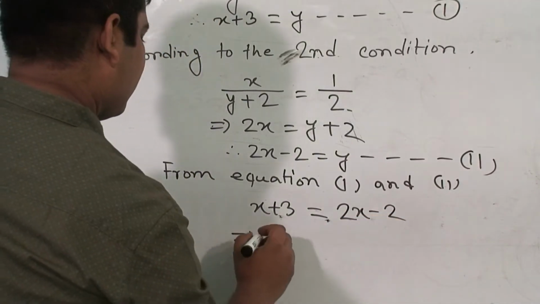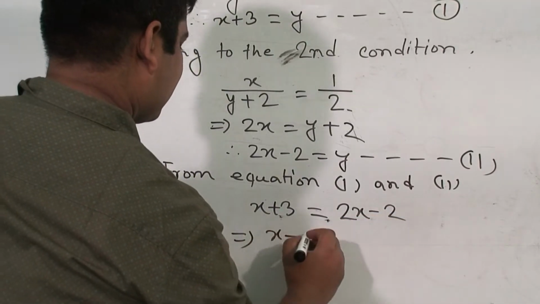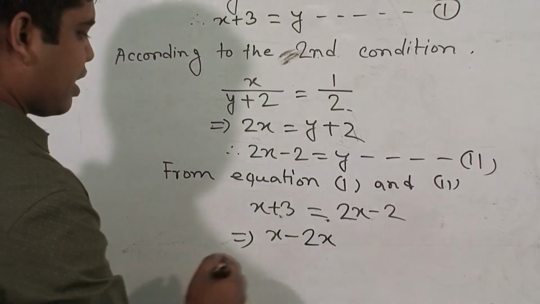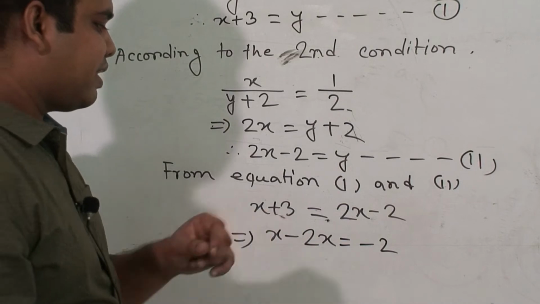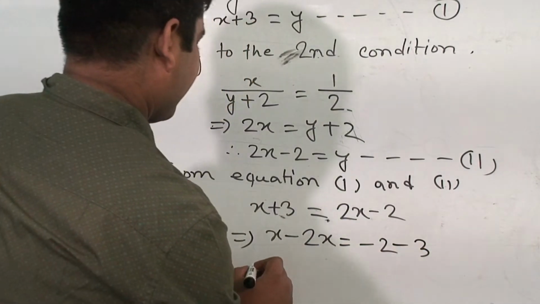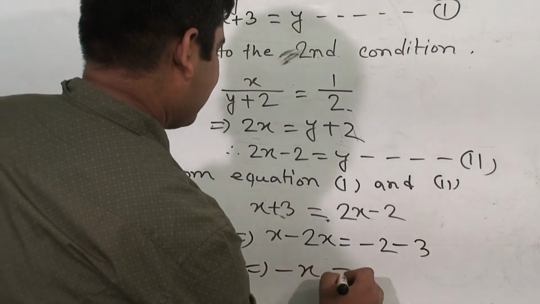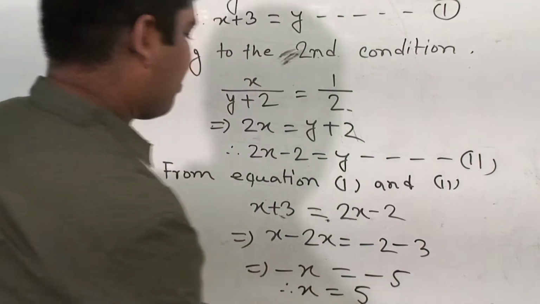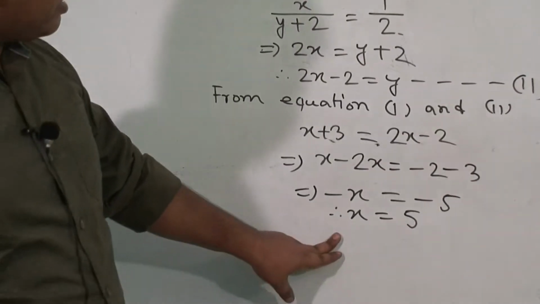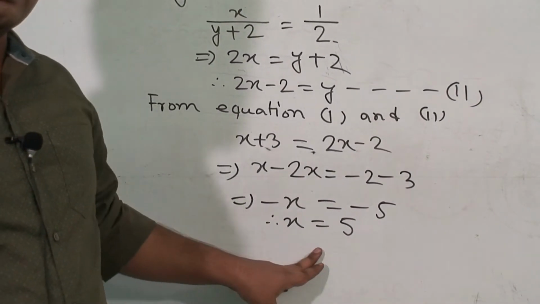After that, x minus twice x, and minus 2 is here. The plus 3 will change its position and it will be minus 3. That means minus x equals minus 5. So x equals 5. We already found the value of x, which is 5, and it is the numerator.